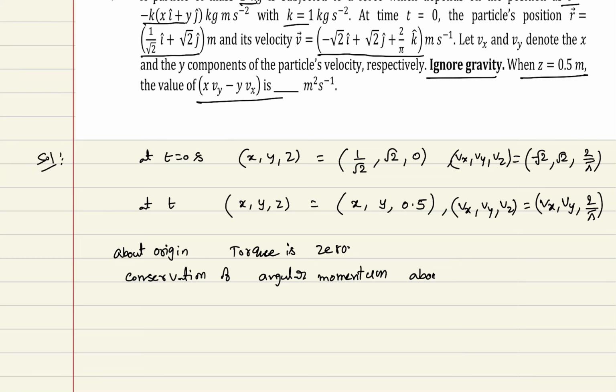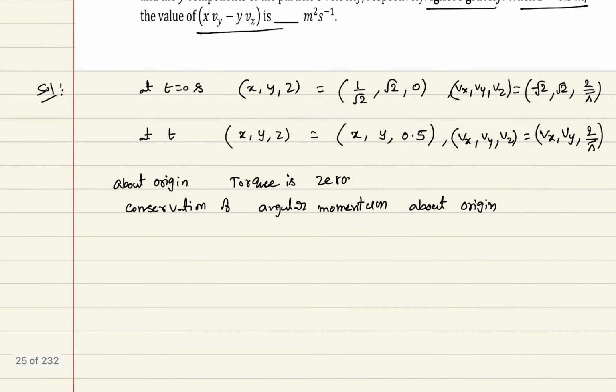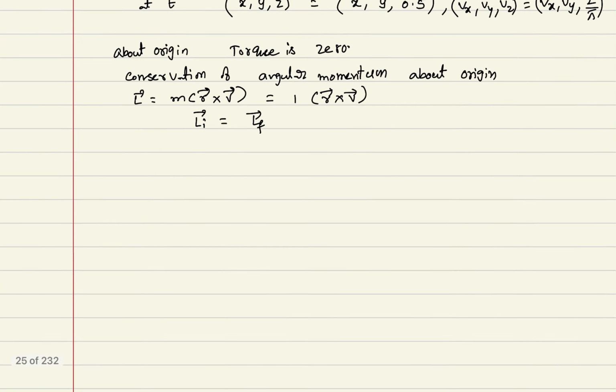You know that L bar is equal to m into r bar cross v bar. As m is 1, we can write r bar cross v bar, and we are going to apply it initially and finally, the initial vector and the final vector.